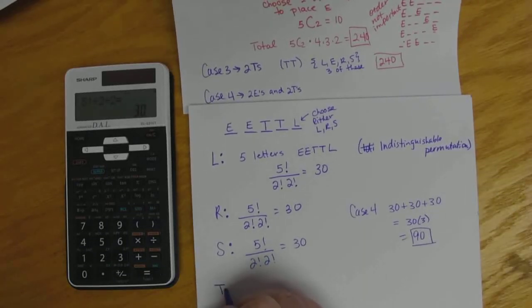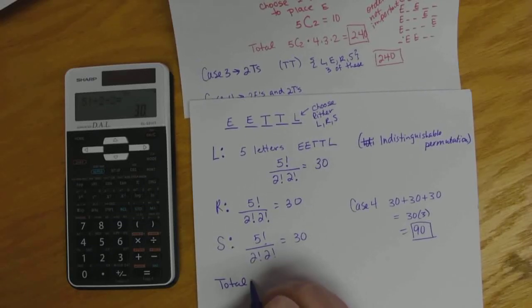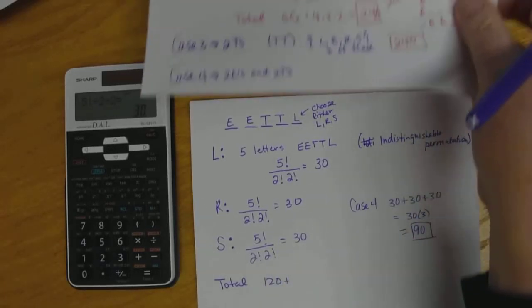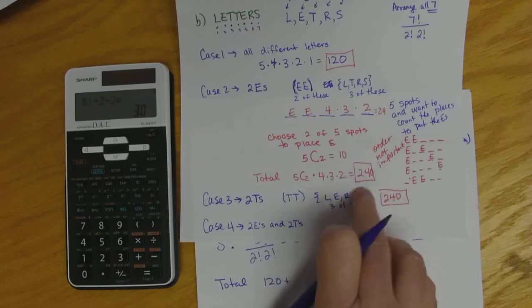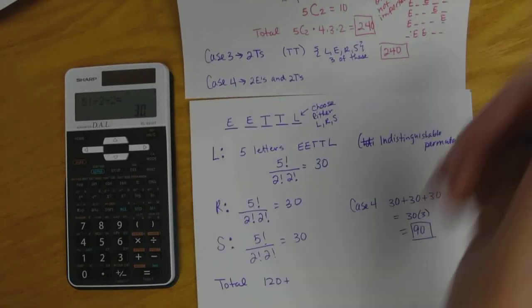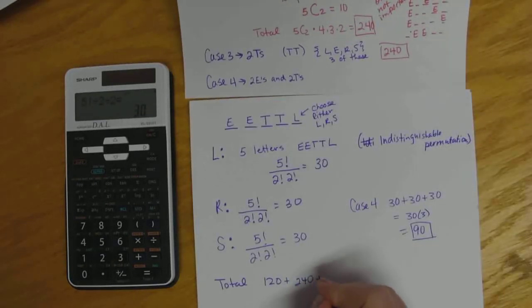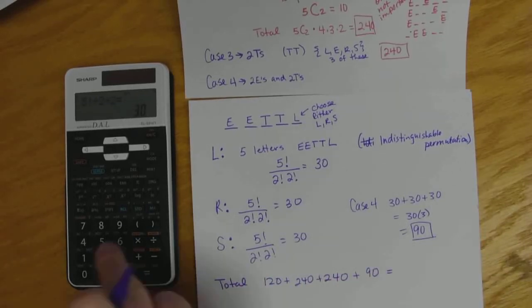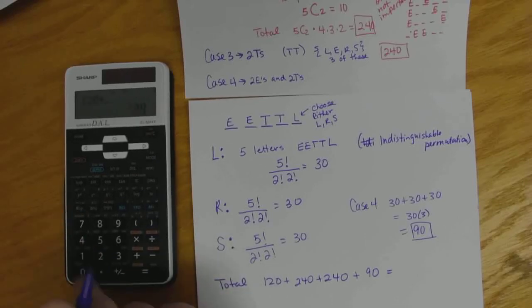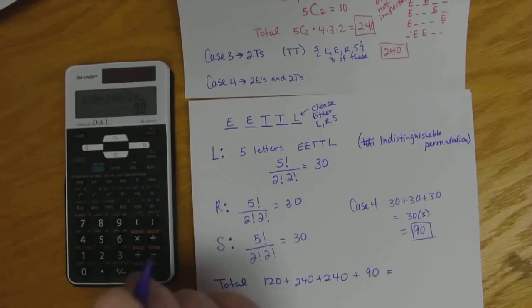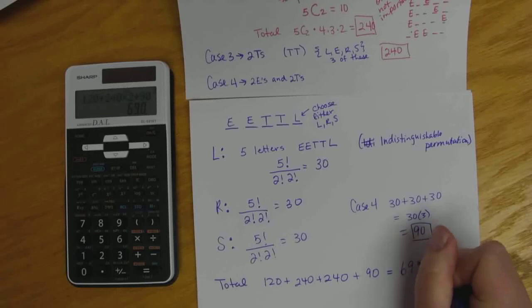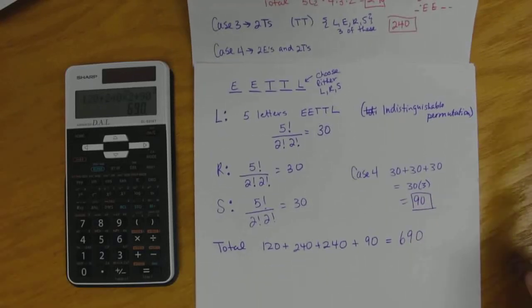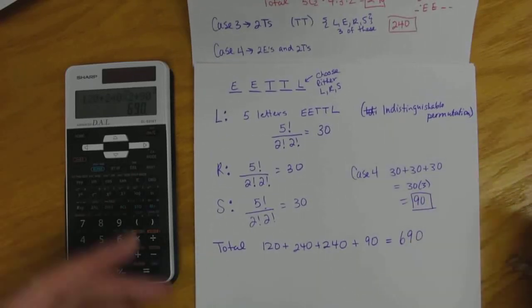So in total, the number of ways to choose 5 of those letters and rearrange them is, we had 120 up here, and then we had 240 twice, and then we had 90. So 690 total. Okay, so that's how I would do that question.